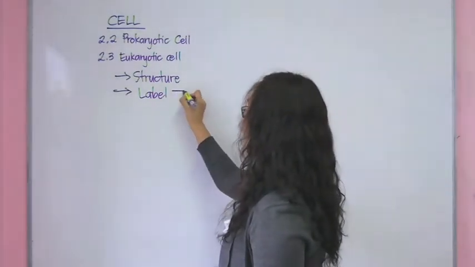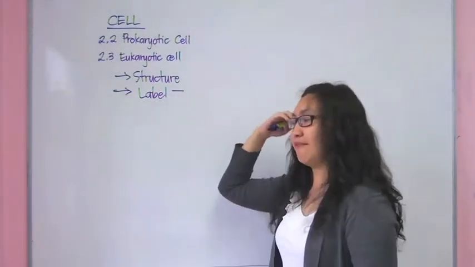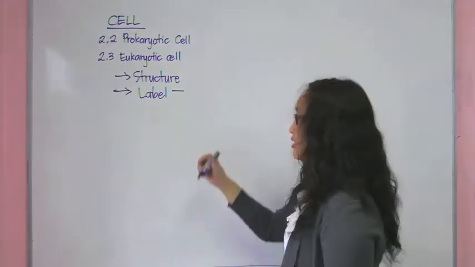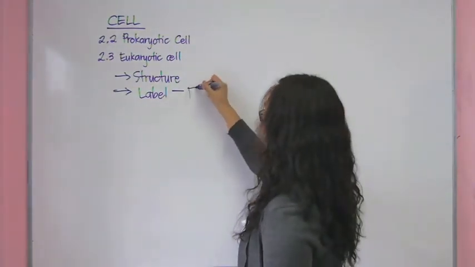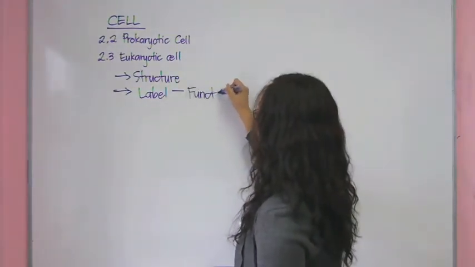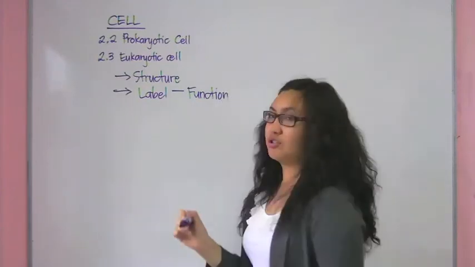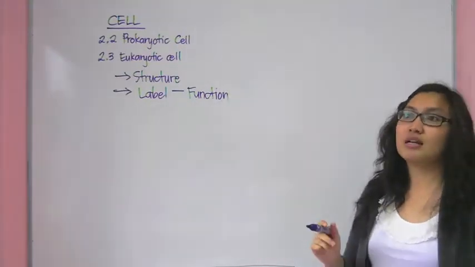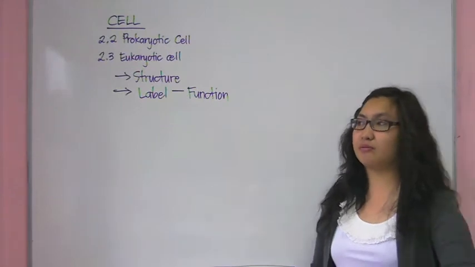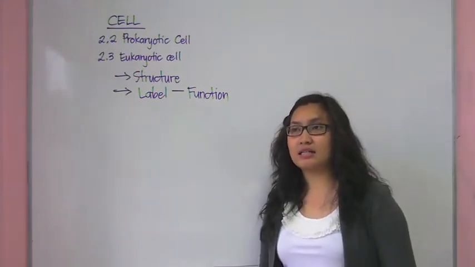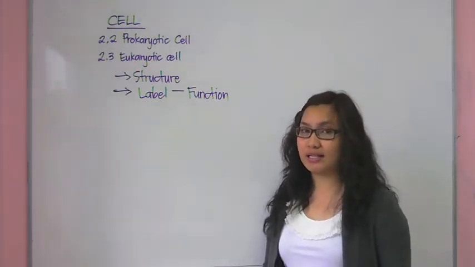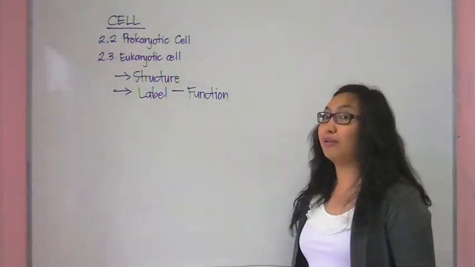Once the students have been able to label the structures, they should also know the function of each structure. Okay, so for example, there would be a difference between the cell wall in prokaryotic cells and the cell wall in plant cells.